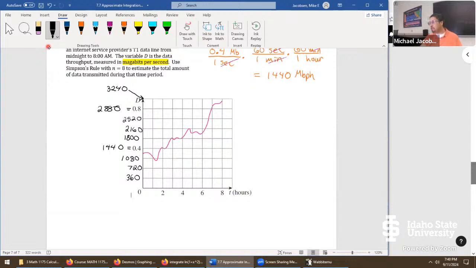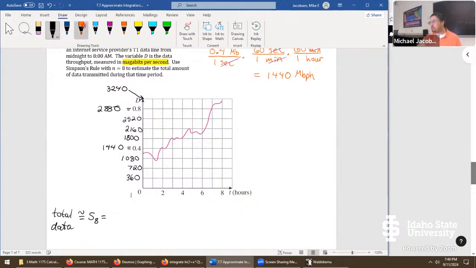So let's say here, the total data is going to be approximated through, it says Simpson's rule with n equals 8. So let's call that S8, just to organize our thoughts. Once you have S8 down, we want to write down the pattern for this thing.